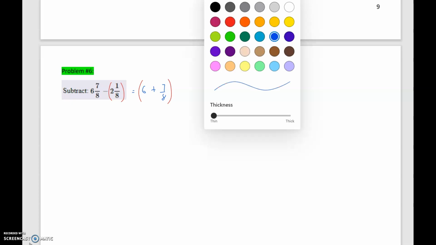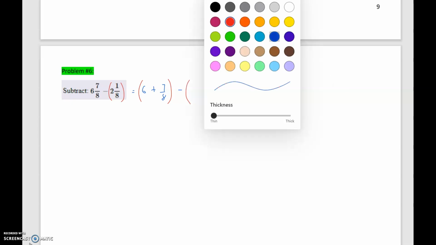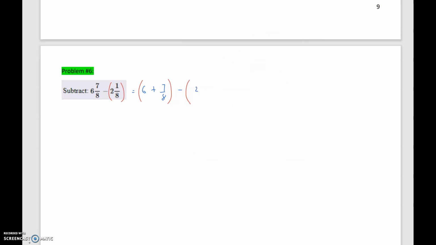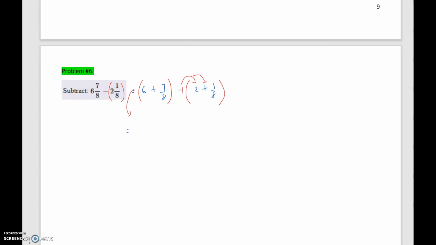So the part where we really need it is for the second one. So let me put the set of parentheses there, and we have technically 2 plus 1/8. And then at this point, let me distribute that negative.